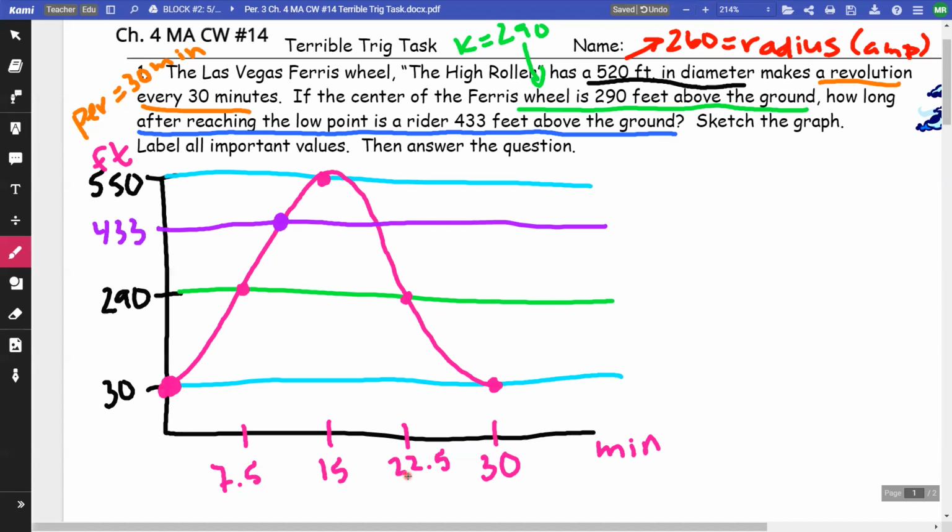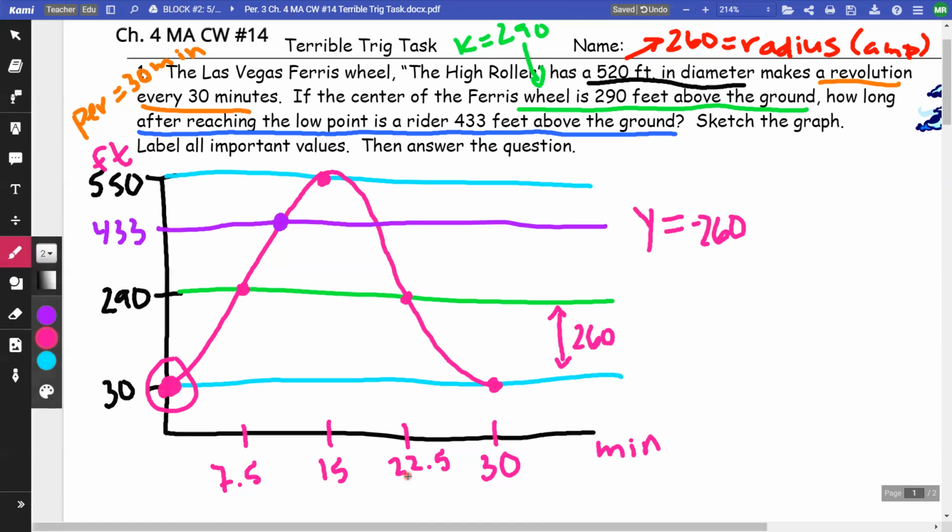So let's write an equation for this. I'm going to do a cosine. It's going to be a negative cosine because I'm going to be starting down here at my 30. So my amplitude is my radius, or the distance between these two lines, which is 260. So I'm going to have a negative 260. My period is 30 minutes, so I'm going to take 2 pi over b equals 30.